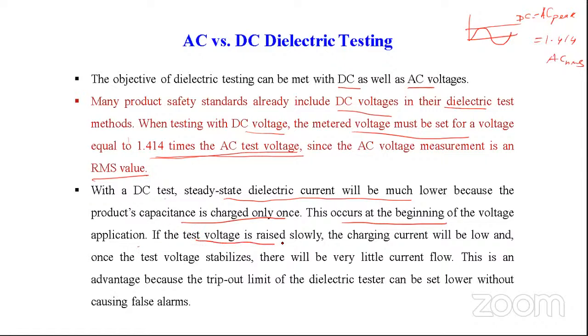If the test voltage is raised slowly, the charging current will be low, and once the test voltage stabilizes, there will be very little current flow due to charging. This is an advantage compared with AC voltage, because the trip out limit of the dielectric tester can be set lower without causing false alarms.